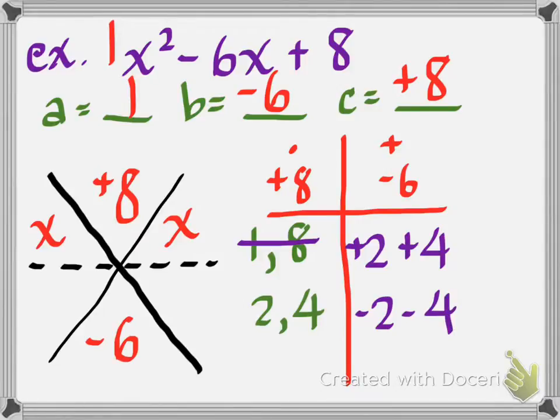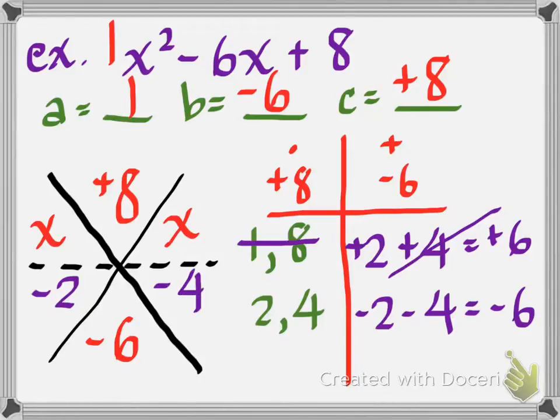Well, the only one that's going to give me a negative 6 is my 2 negatives, because the other gives me a positive 6, and that's not what I want. So this one's out. What goes in my snowflake is a negative 2, negative 4, which therefore makes my factors x minus 2, x minus 4.